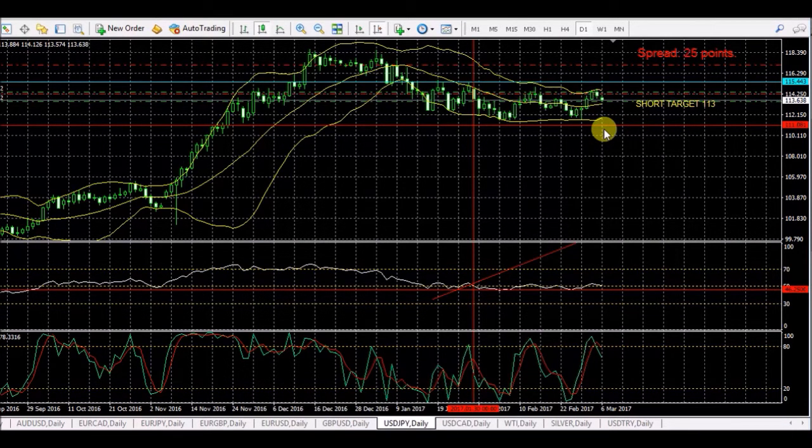We've covered the commitment of traders for the Japanese yen, so I'll get straight on here. Sorry about that. Minor glitch. USD JPY. Yes, JPY is short. It's not as short as it has been on the commitment of traders, but I'm still thinking this is going to go down.